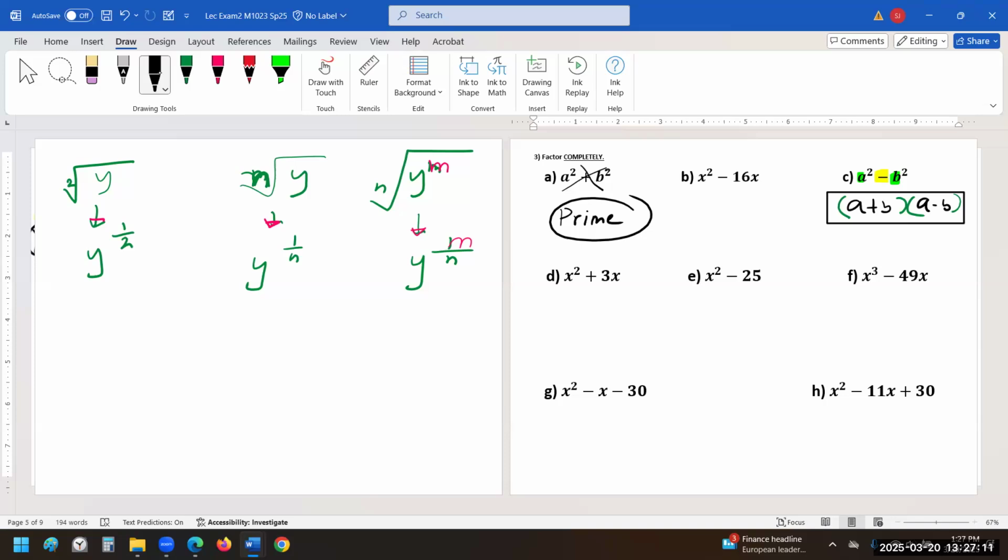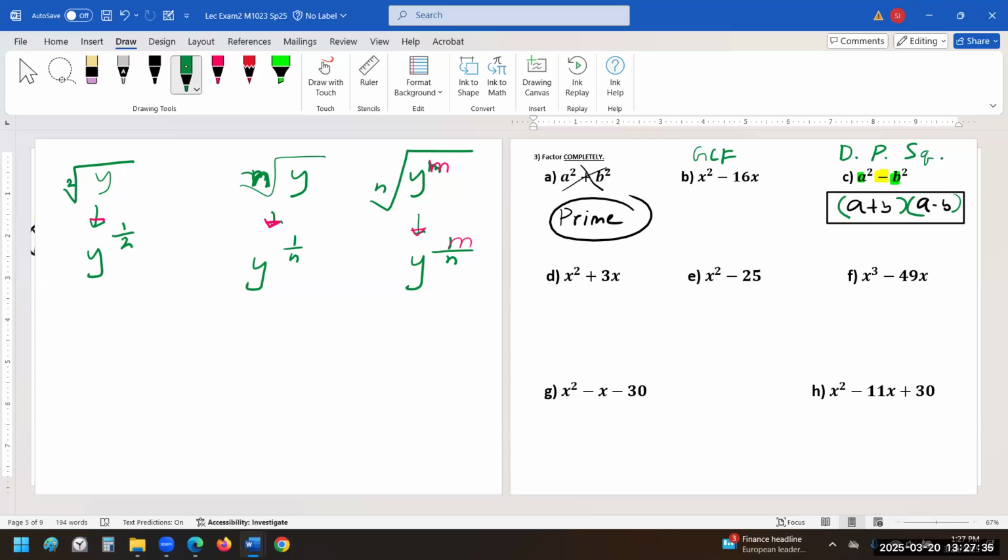If you had x squared minus 16, it would have been a perfect square, but it's x squared minus 16x. That means it's a GCF. This is GCF, and this is a difference of perfect squares.